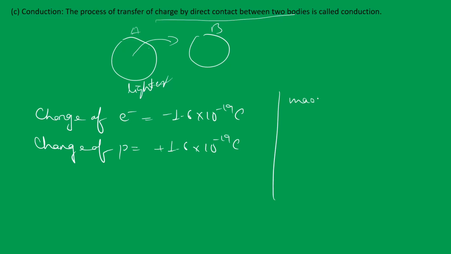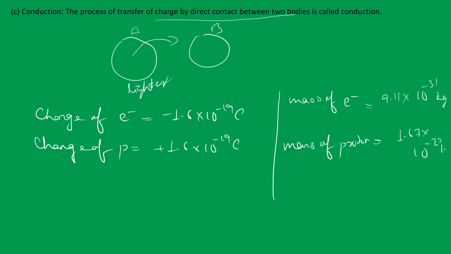Now when we talk about the mass of electron and the mass of proton, these two are also very important points that you need to remember. The mass of electron is 9.11 into 10 to the power minus 31 kg, and for proton, it's 1.67 into 10 to the power minus 27 kg.